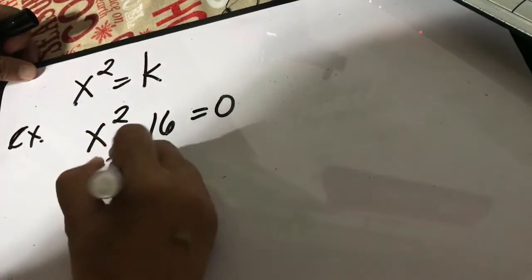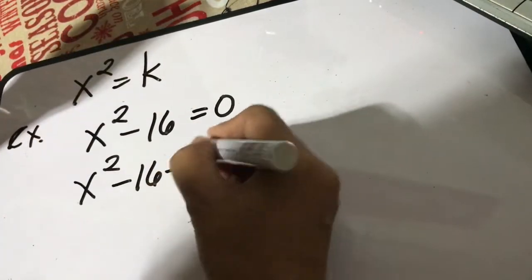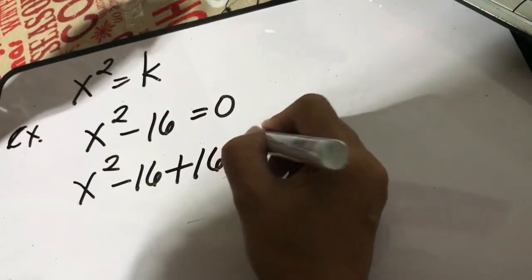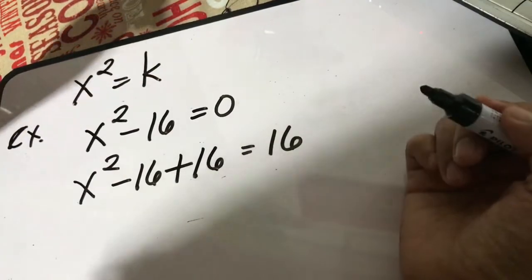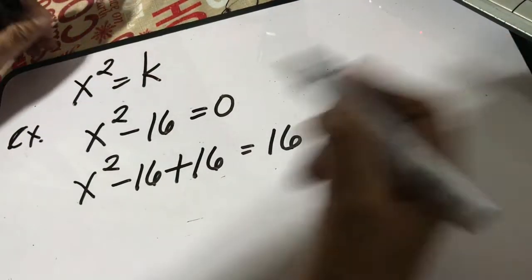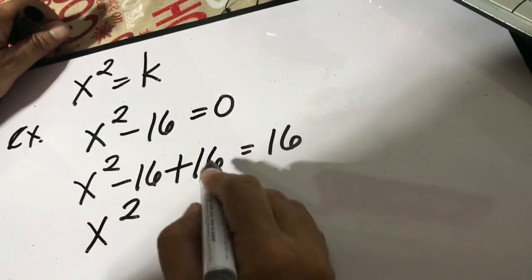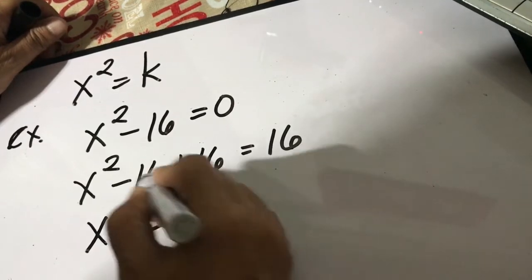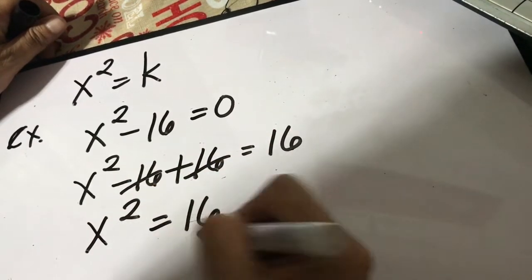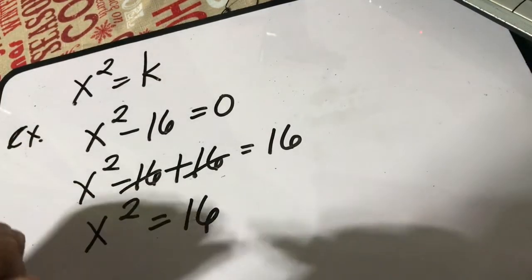Para matanggal yan, we're going to add 16 parehas dun sa parte ng equation. Kabilang parte ng equation, we're going to add 16. So, therefore, meron tayong x squared, negative 16 plus 16 is equal to 0, is equal to 16. So, this is now x squared is equal to 16.